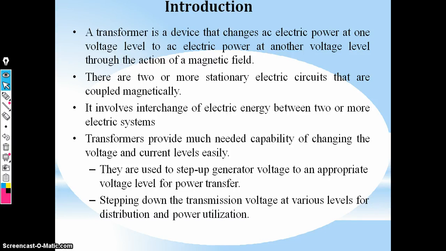Also, the transformer provides change in voltage and change in current without change in frequency. Also, the transformer is used as a step up generator voltage. That means the main function of step up is to change the voltage level from the input side to the output side. Now this is the concept of introduction.